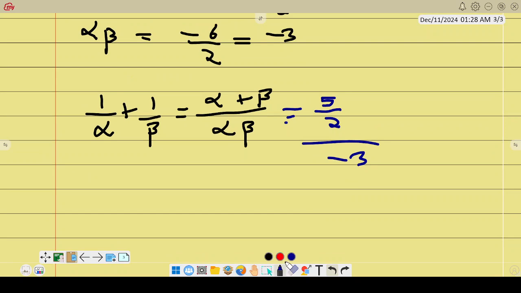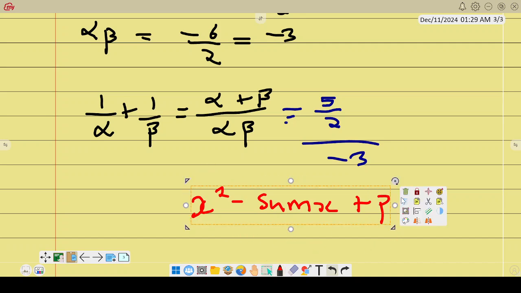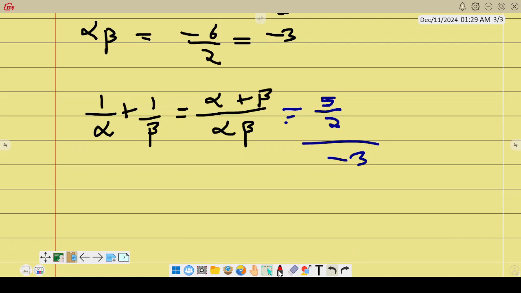To find the new equation, remember it is x squared minus the sum plus the product of the new roots. First we find the sum of the new roots. They have told us that one root is 1 over alpha and the other root is 1 over beta.